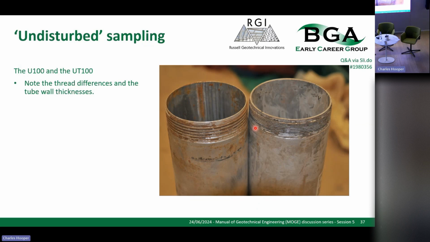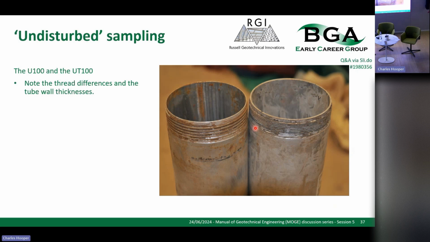You can also see that on the top of that tube, the ring is ever so slightly thicker than the tube on the left. The left-hand tube is called the UT100. This was the replacement for the U100, and the identification for you in the field, if you're seeing drillers, is that it has quite a coarse square thread.